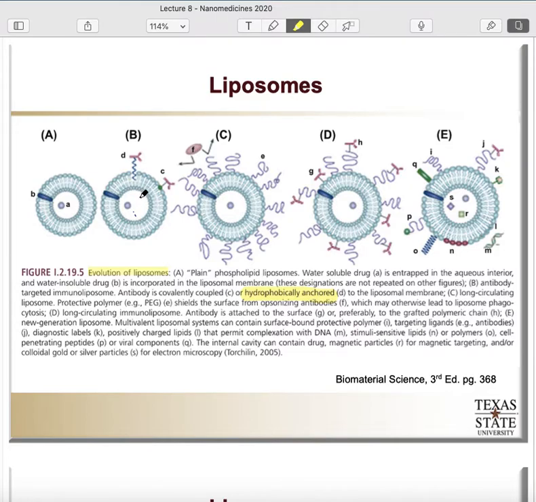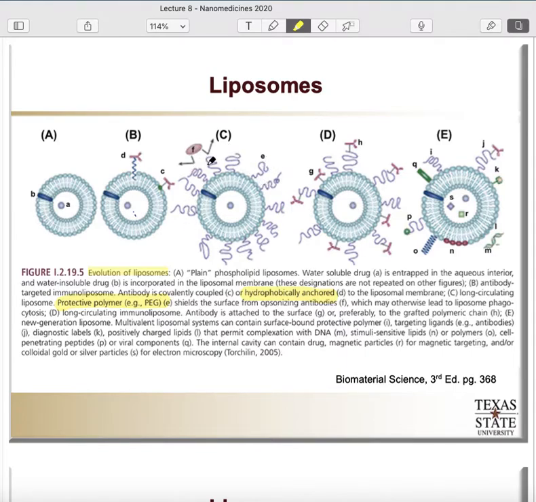From there, we go to the next generation of these liposomes, which are known as the long circulating liposomes. By long circulation we mean that we are now pegylating them, or incorporating a polyethylene glycol surface coating, such that we can increase their circulation time in the body. Remember that polyethylene glycol is a hydrophilic polymer that can hydrogen bond with a significant amount of water.